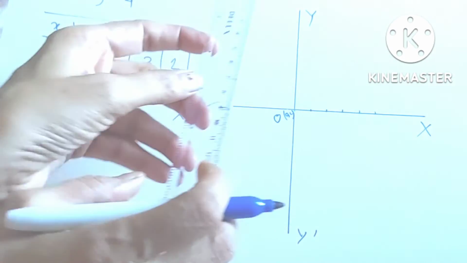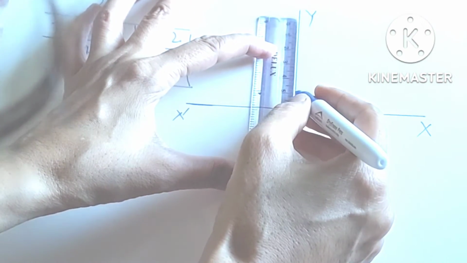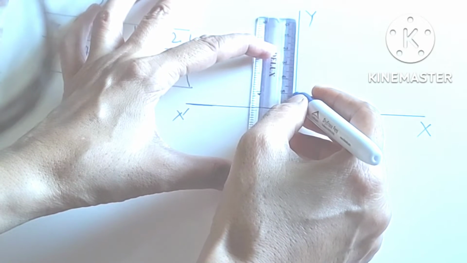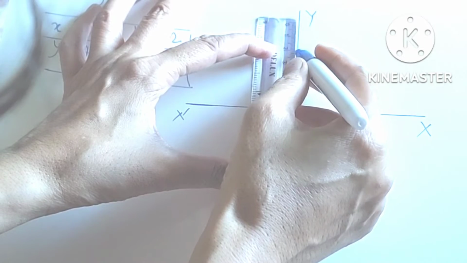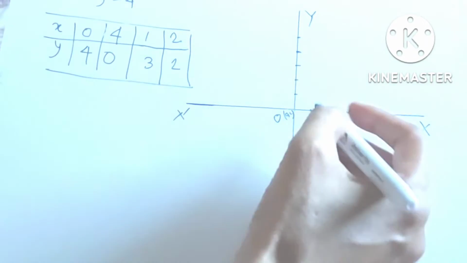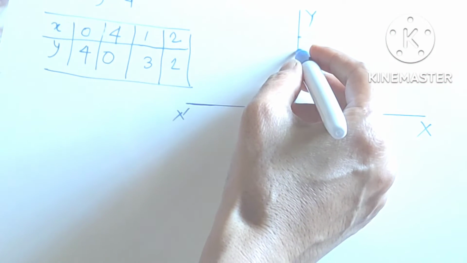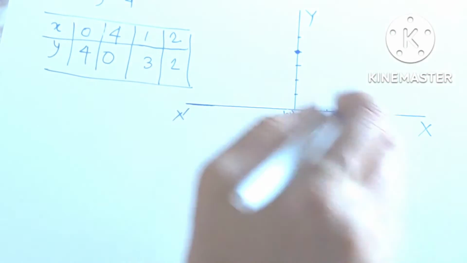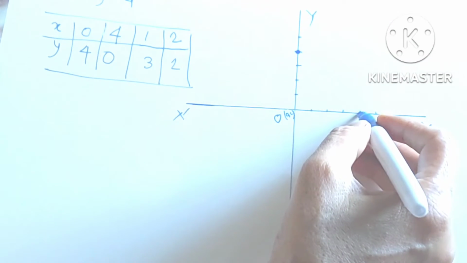We have to draw the points only in first quadrant. Here 0, 4. So here y is equal to 4, x is equal to 4, y is equal to 0.